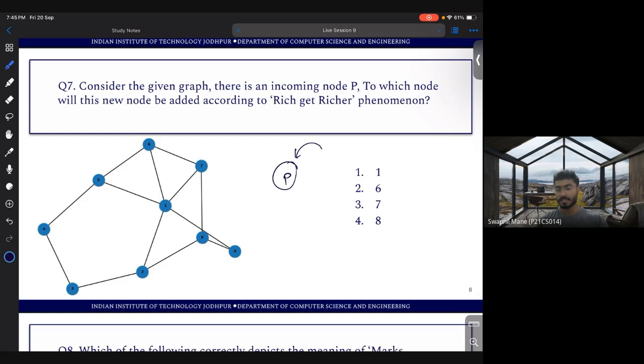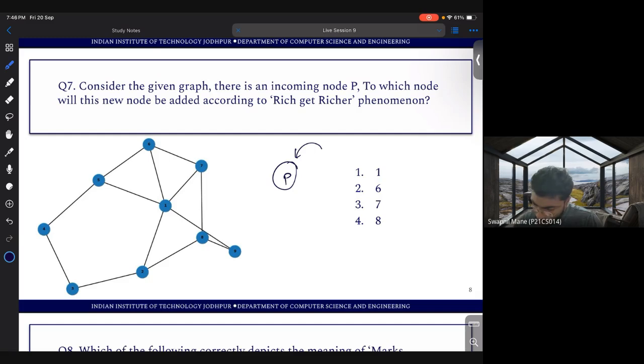Preferential attachment states that the node which has a higher degree, a higher number of connections, has a higher possibility that the new node connects to that particular node. Considering that same principle, let's find which node has a higher degree.